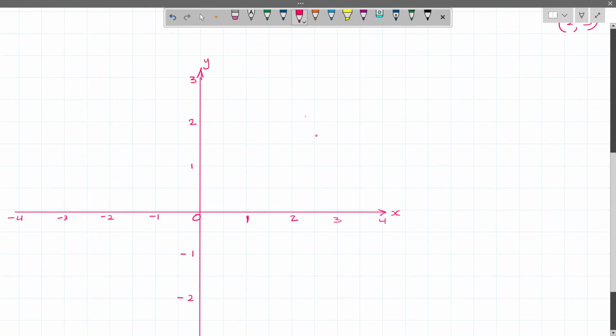Right? Always label the axis, y-axis, x-axis. You write your scale. My scale is 2 centimeters represent 1 unit on both axes. Right?